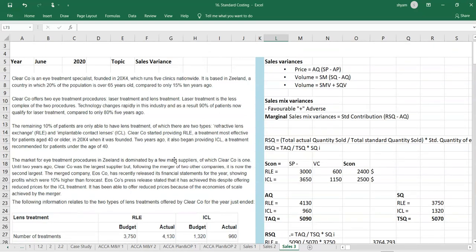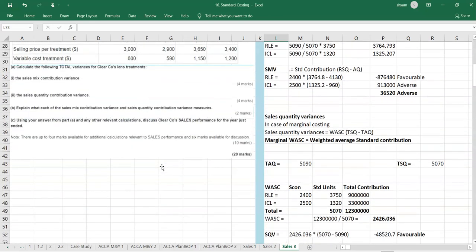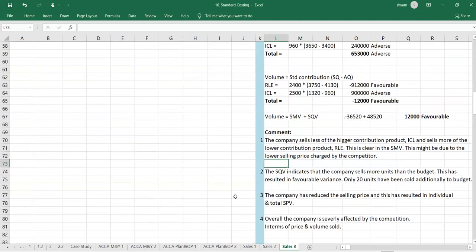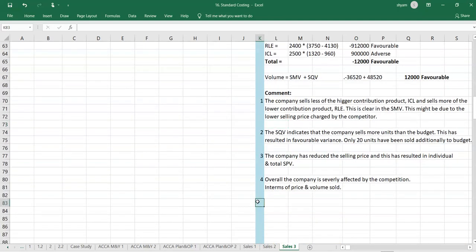How can we get those additional points? We can put it like this: laser treatment information is not available, but it is important to get that information.